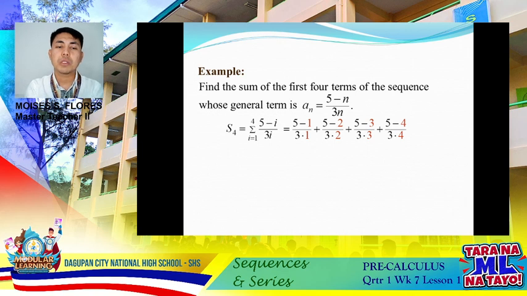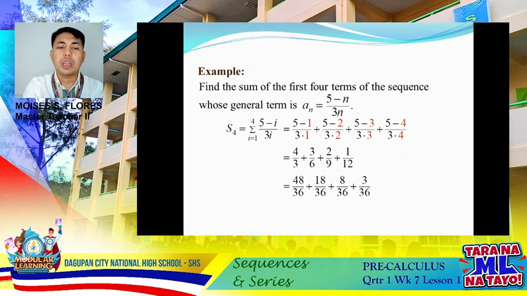It's just a matter of substitution once again. 5 minus 1 over 3 times 1, and so on. As we simplify it further, we have 4 thirds plus 3 over 6 plus 2 over 9 plus 1 over 12. Take note, we have different denominators, 3, 6, 9, and 12. So get the LCD, and that is 36.